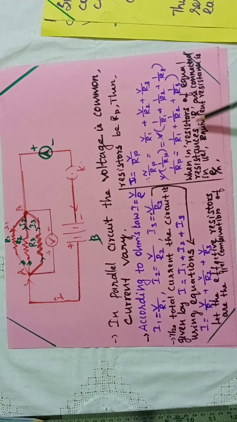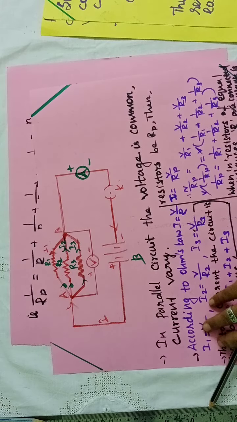When n resistors of equal resistance are connected in parallel, the equivalent resistance is R by n.